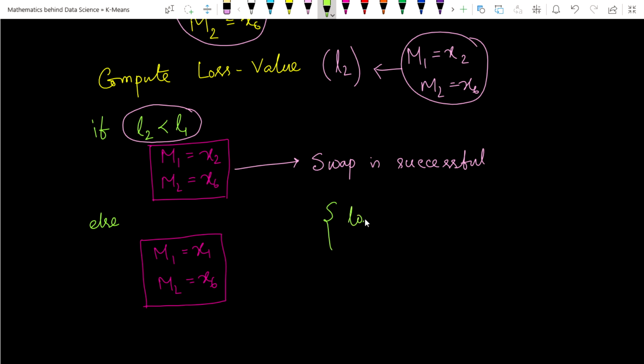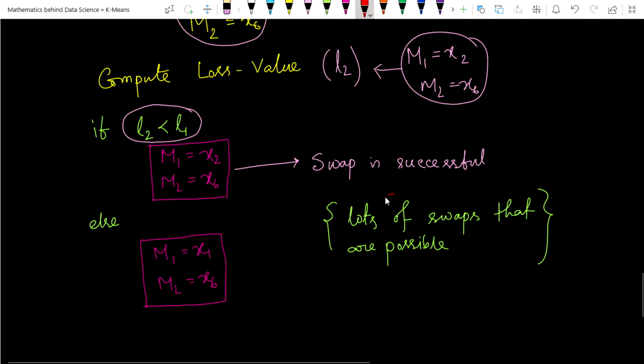So lots of swaps are possible, and that's the main drawback of this algorithm.